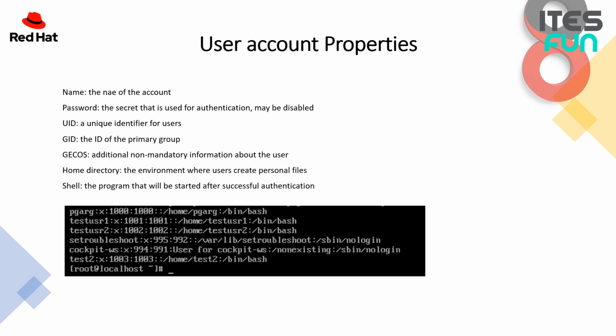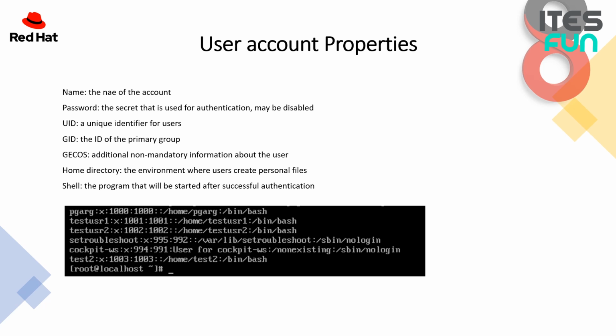On RHEL 8, the default setting is that when you create a user, you also create a group with the name of the user, and the user will be the only member of that group. This primary group membership is very important for permissions. We will talk about it later in this lesson.